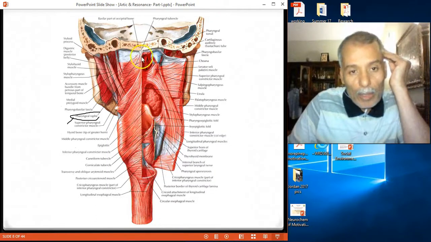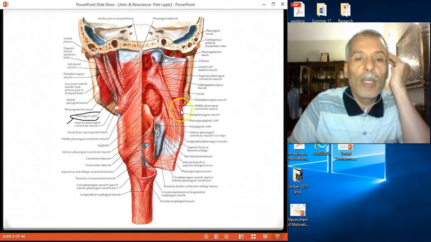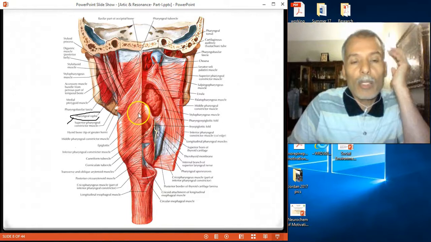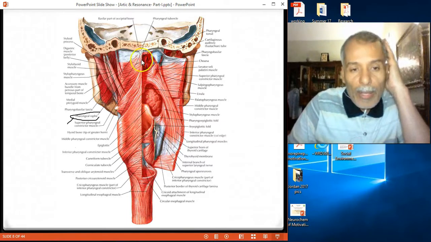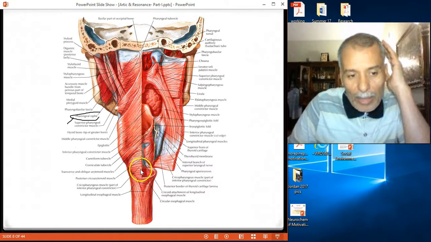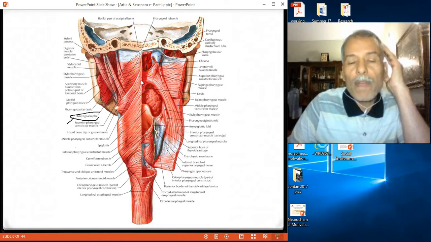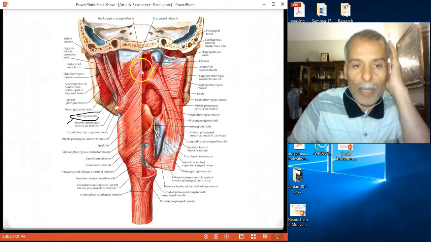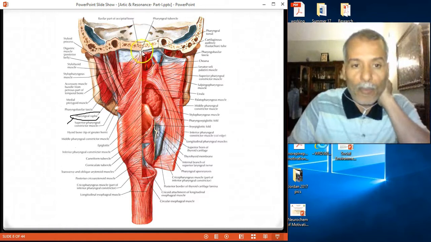So this is the posterior view of the pharyngeal muscles. The line where the two sides fuse is called the median pharyngeal raphe, R-A-P-H-E, the median pharyngeal raphe.